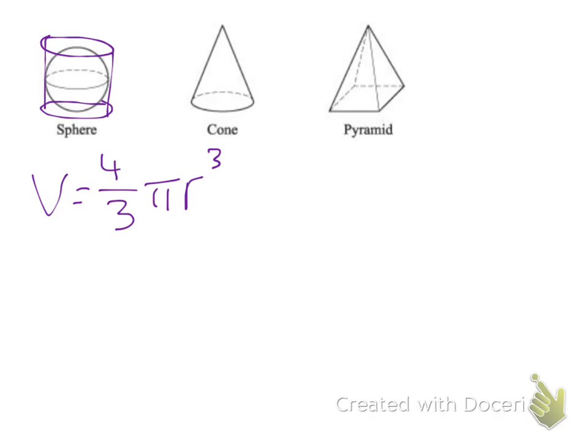Cones, on the other hand, look at this one. What if I made a can to fit the cone? Boom. You guys know that's a circle on the bottom, right? So isn't a cylinder pi r squared times h? That would be the whole thing, right? Well, guess what?